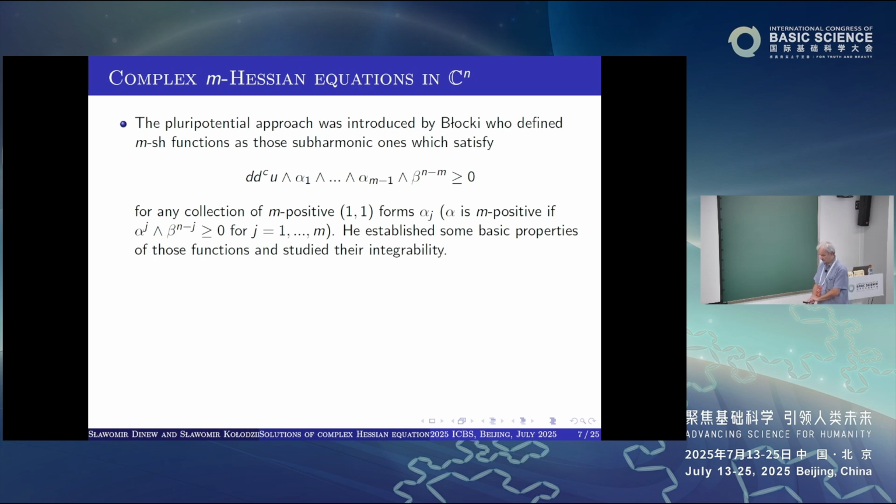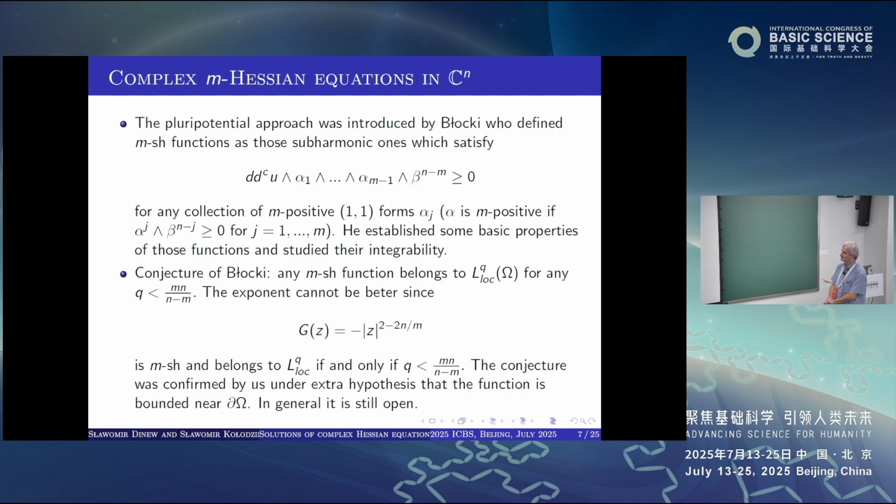And if so, then u is called m-subharmonic. So Błocki initiated the study of those weak solutions, in particular their integrability. This is a very interesting problem. If you look at this function, this is a kind of fundamental solution for the m-Hessian equation.